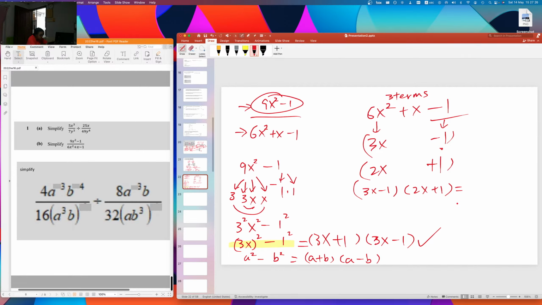Once you are done with, use a calculator.